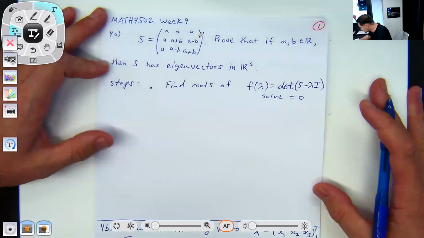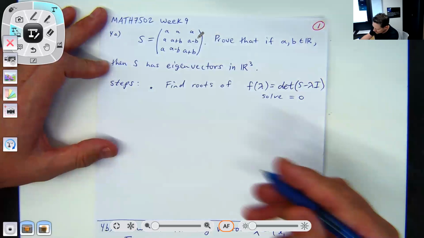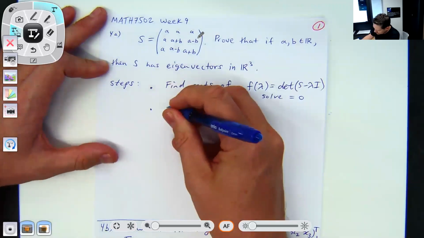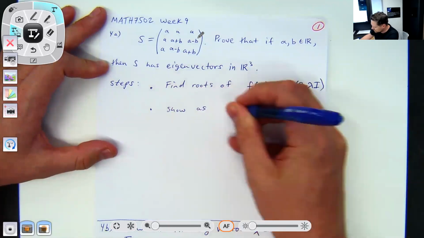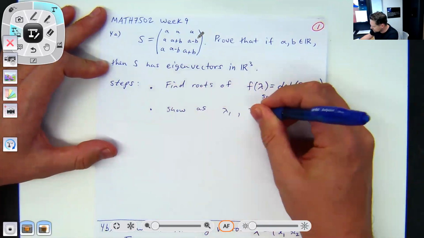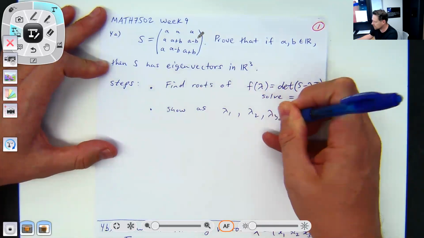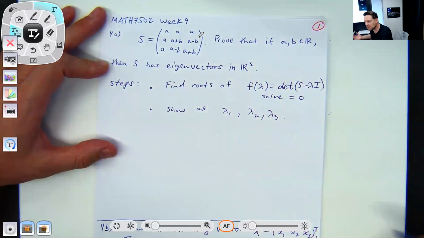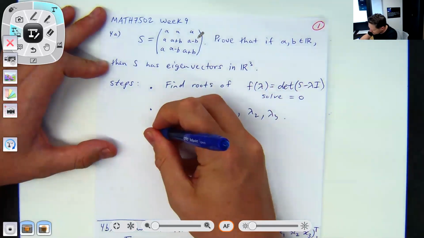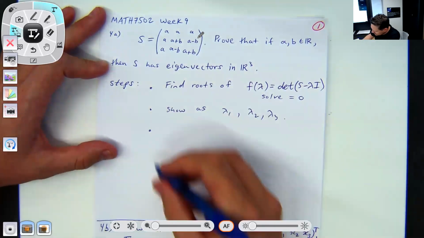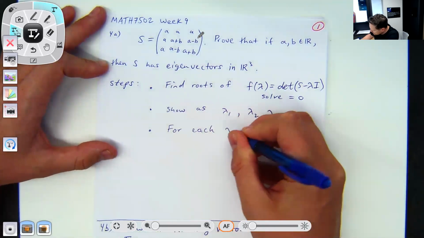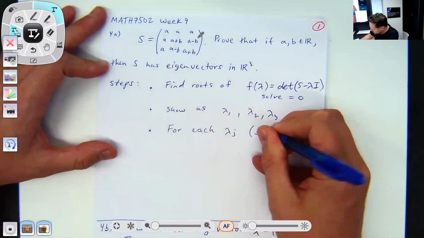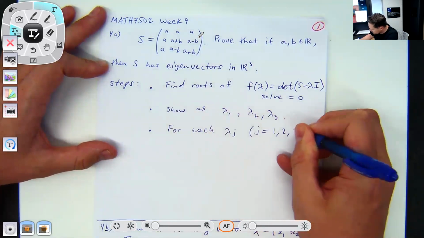All right, so next, you want to label those as lambda 1, lambda 2, and lambda 3. Once you've got that, for each lambda j, where j goes from 1 to 3.